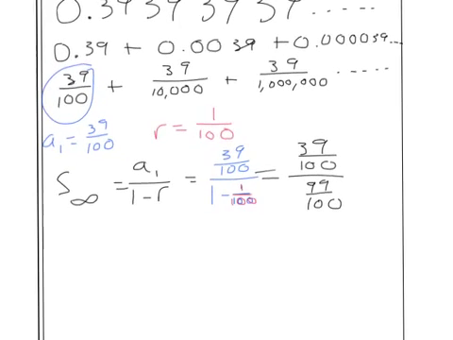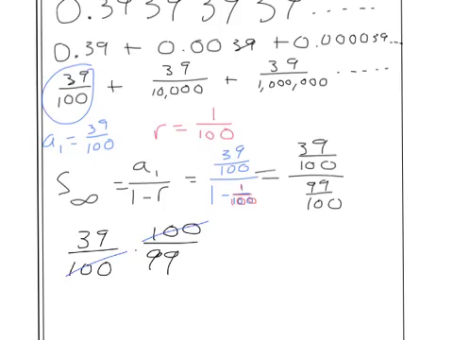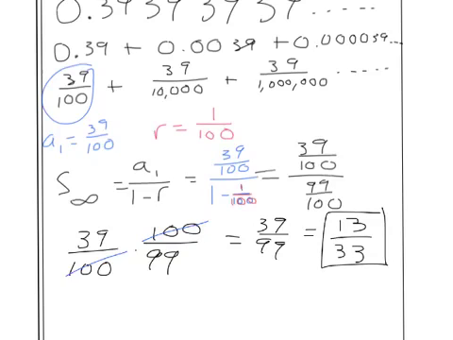Well, and I could just again flip and multiply. 39 over 100 times 100 over 99. Hopefully you see these hundreds cancel out and we're left with 39 over 99. Now this can be reduced. We could take a 3 out of each of those. We take a 3 out of that, we get 13 out of 33. And so we just wrote 0.39 repeating as a fraction.